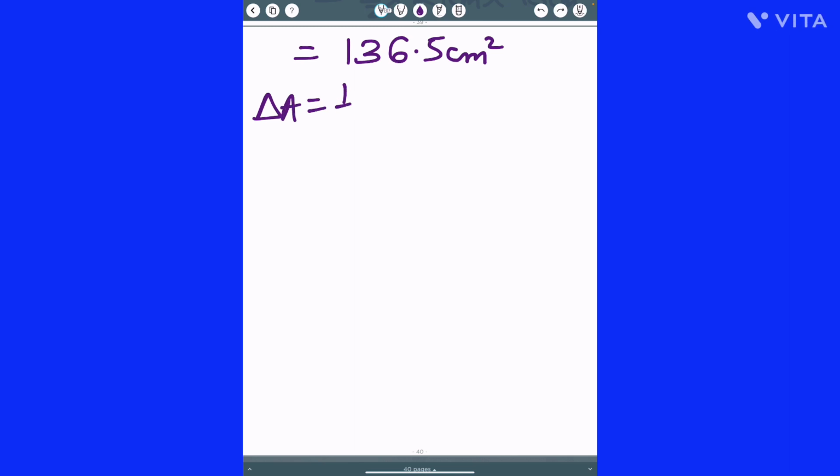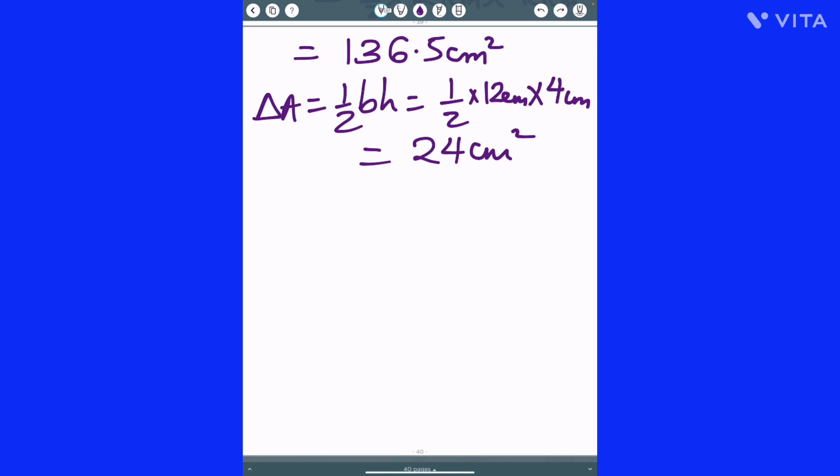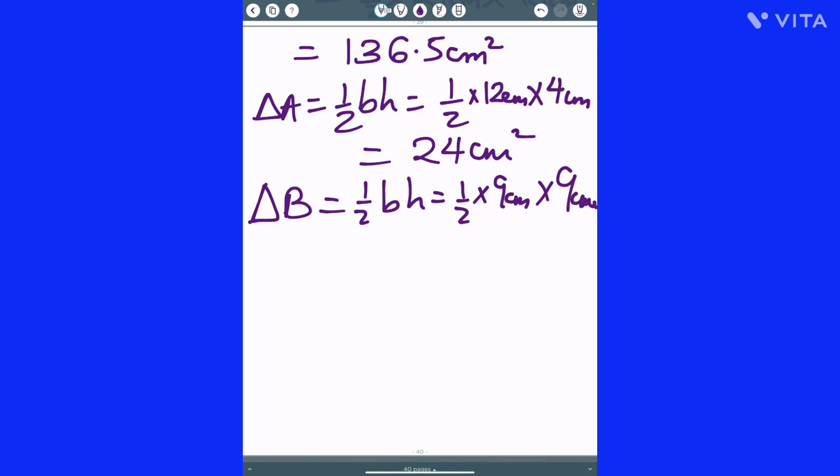The area of triangle A is half base times height, which is half times 12 centimeters times 4 centimeters. Any one can be base or height as long as they are perpendicular. That's 24 centimeters squared. Also, area of triangle B is half base times height, which is half times 9 centimeters times 9 centimeters. So that's 40.5 centimeters squared.